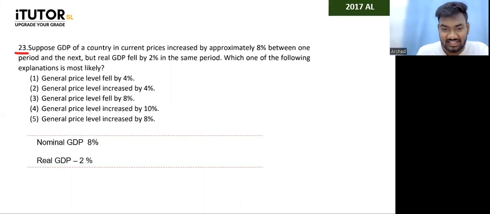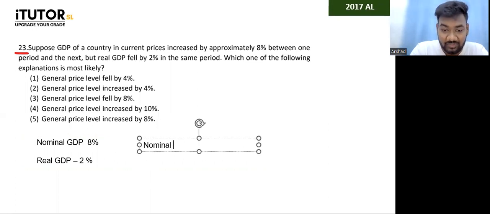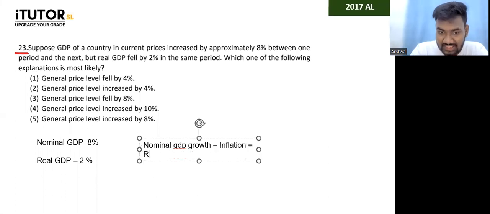What is the equation, guys? Simple, no? Remember, from nominal GDP growth, if you minus inflation, you get real GDP growth. So remember, we did this question before. So I'm just rushing through.